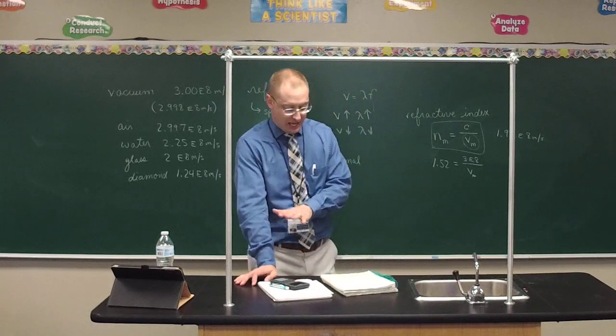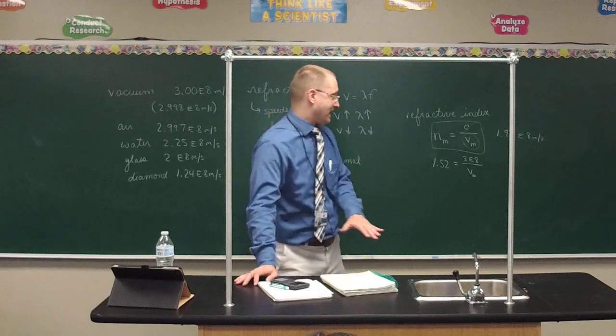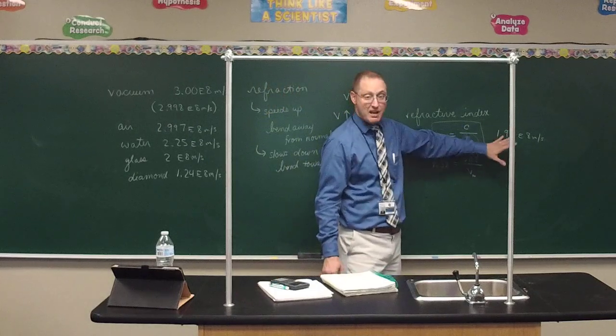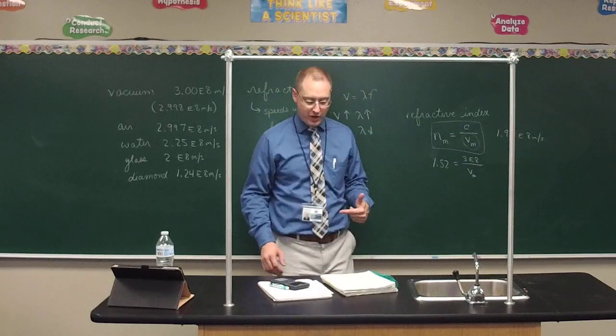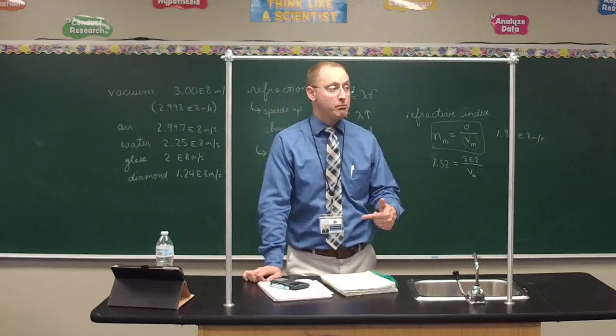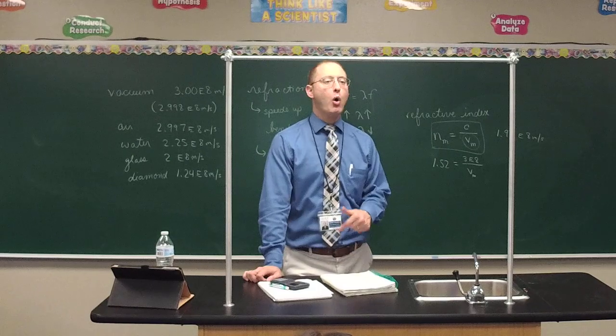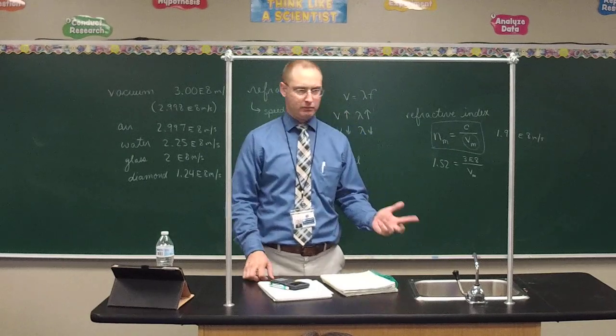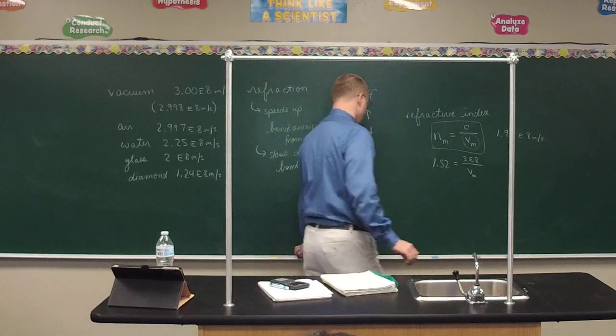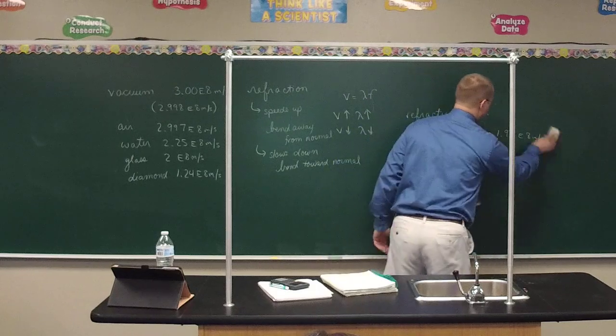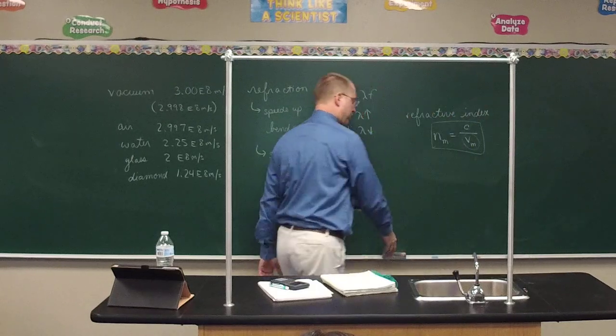So remember, we just calculated for this particular type of glass, light travels at 1.97 E8. There's a liquid that actually slows light down even more, all the way down to 1.92 E8. What would be the index of refraction? At your seats. We somehow measured the speed of light through this liquid.